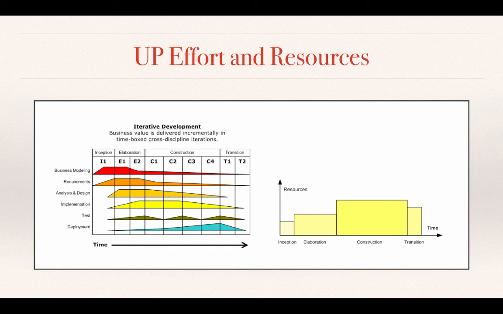The construction phase involves four iterations, C1 through C4. And the transition phase involves two iterations. And you can see how all the framework activities, which are listed down the left-hand side of the figure, are involved to a greater or lesser degree within each iteration of each phase.